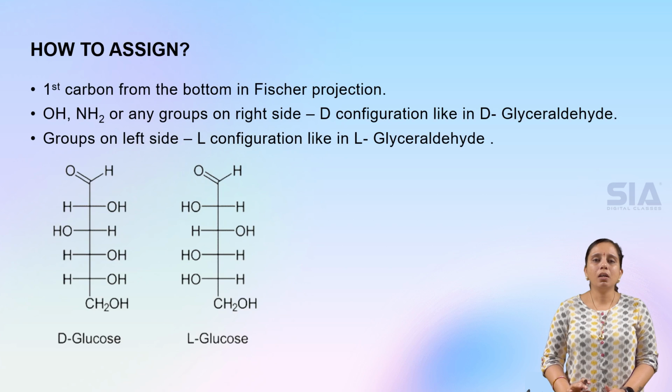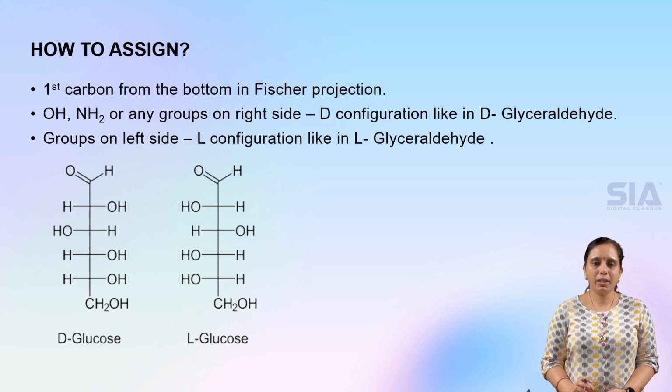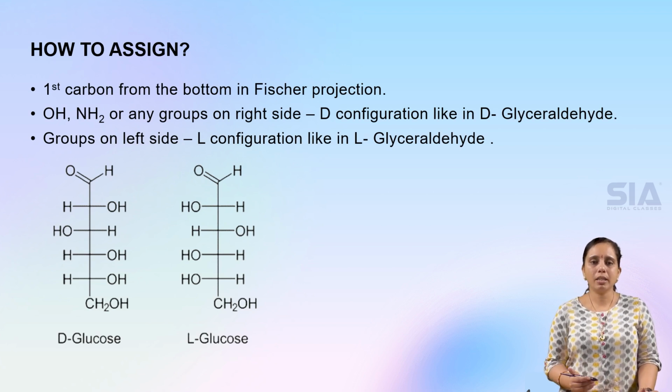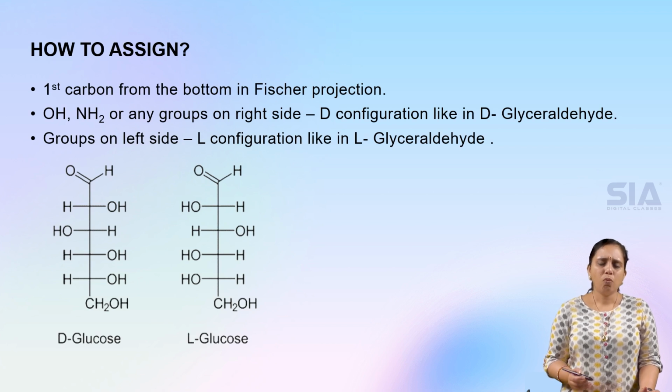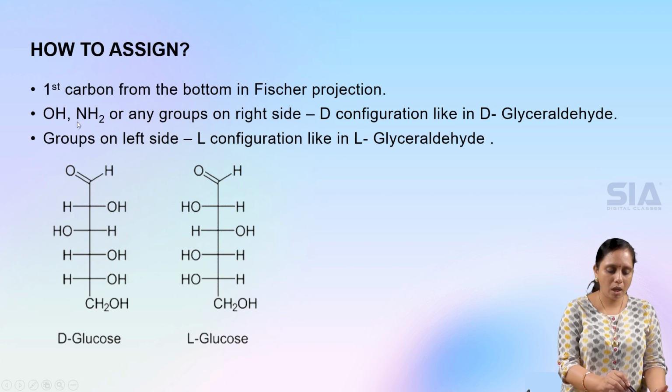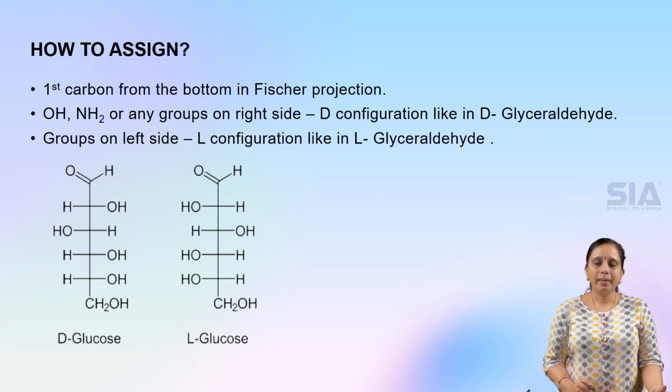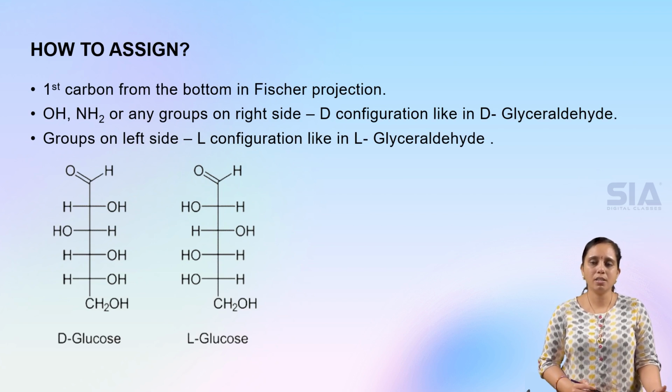To assign a molecule D and L configuration, we have to take the Fischer projection formula of the compound. From the bottom of the compound, the first carbon is taken into consideration. Whatever group is present, whether a hydroxy group, amino group or any other group, if it is on the right side, then D configuration is given, because in D glyceraldehyde, the OH group is present on the right side.